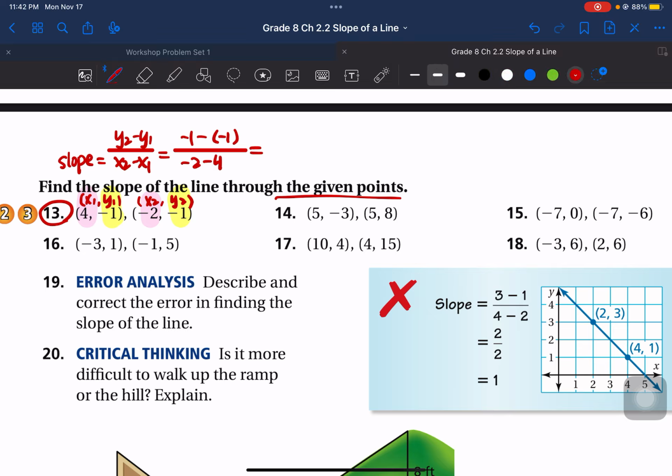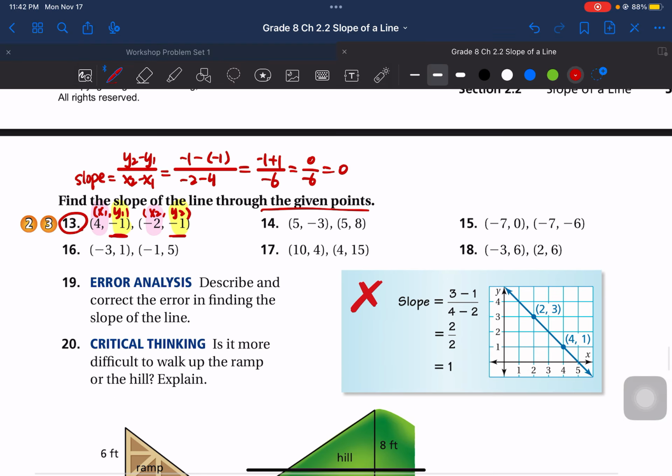So on top, it becomes negative 1 plus 1. The bottom, negative 2 minus 4, is negative 6. So I'll have 0 over negative 6, which is 0. So the slope for the first one is 0. You can also observe that the first 2 points have the same y coordinate, which means they should be on the same horizontal line.